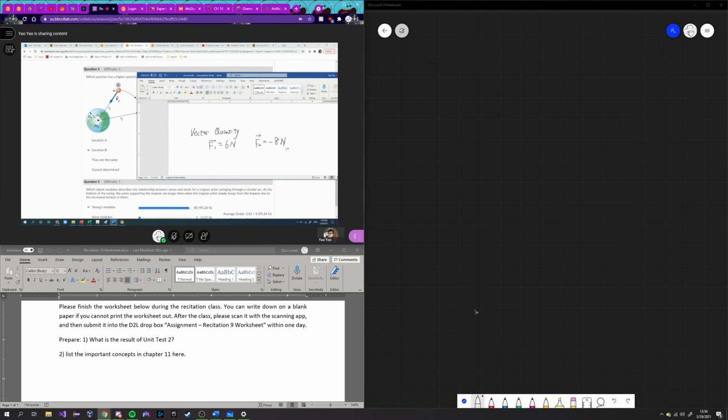And if I ask you to compare the forces, actually we only need to compare the absolute values of the forces. That's why F1 will be smaller than F2, the absolute value for the vector quantity, which has a direction. The negative sign for a vector quantity means the direction, not the value.